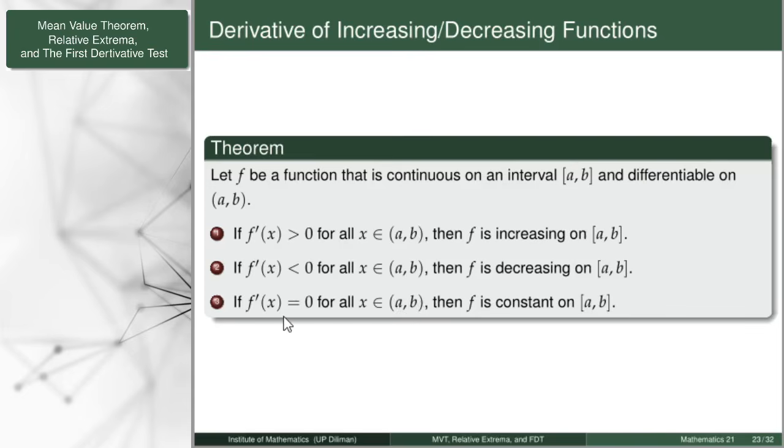So what it means is that when the derivative is 0, the graph will somewhat flatten out, and that will become a constant function on your interval [a, b]. So remember, having a 0 derivative does not mean you're constant. But if you're 0 for an interval, automatically you are constant on that interval.